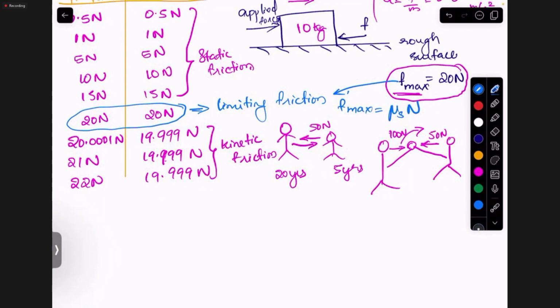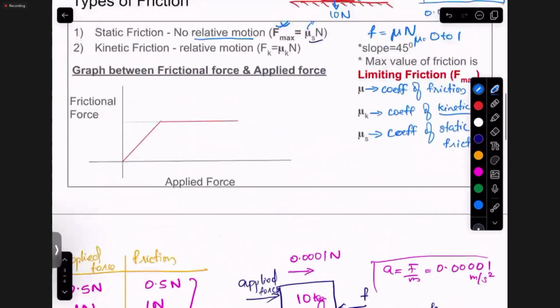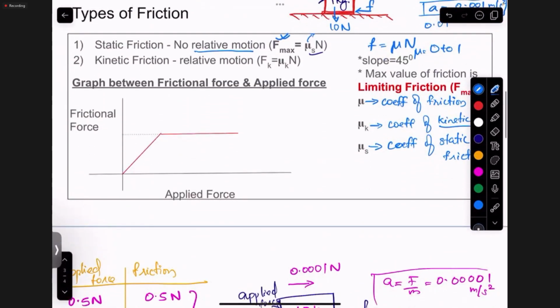So now we will go back to drawing this graph. This is a graph between frictional force and applied force. The x-axis is applied force and the y-axis is frictional force, and this is how it works. First, applied force I am giving 0.5, the frictional force will also be 0.5.